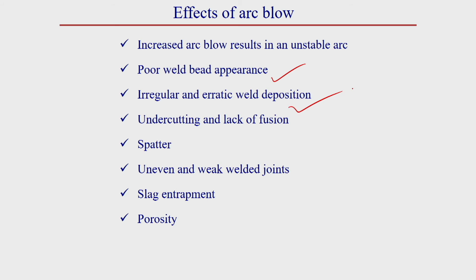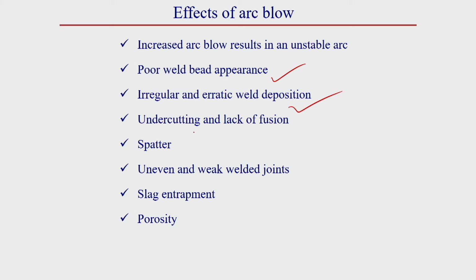Once there is an unstable arc, we will get poor weld bead appearance, and irregular and erratic weld deposition, because if the welding arc itself is unstable, then these are all different defects which arise due to the effect of arc blow.